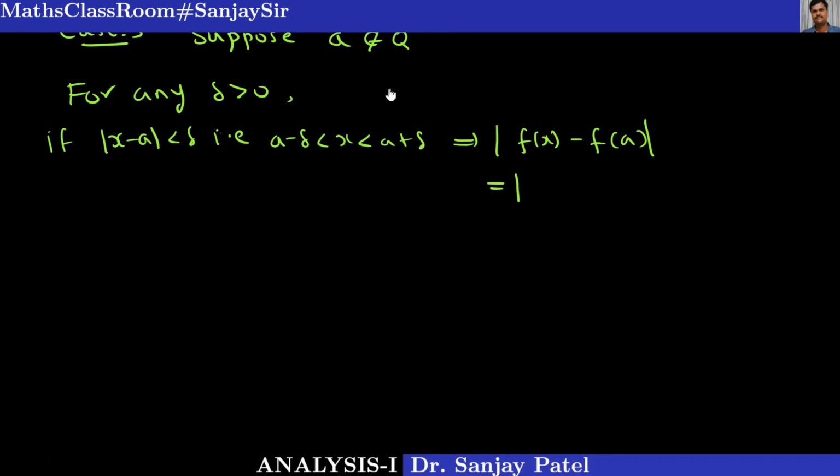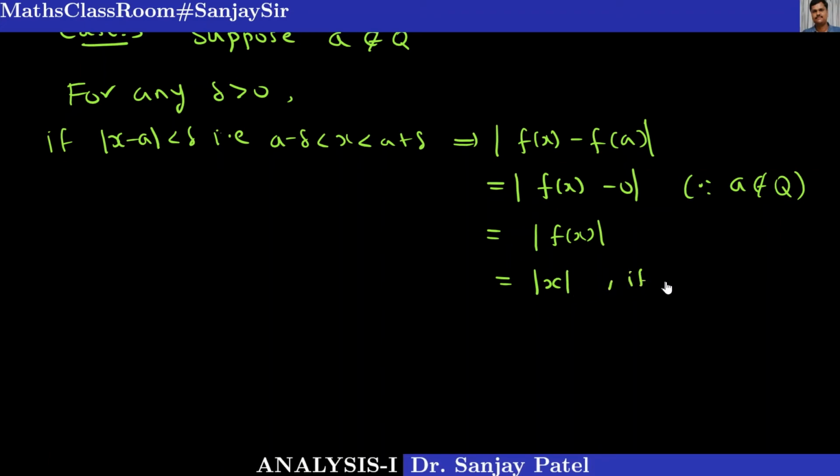Since a is an irrational number and f of a is 0 for irrational, this is f of x minus 0, and this is equal to mod of f of x, which I can get as mod of x.